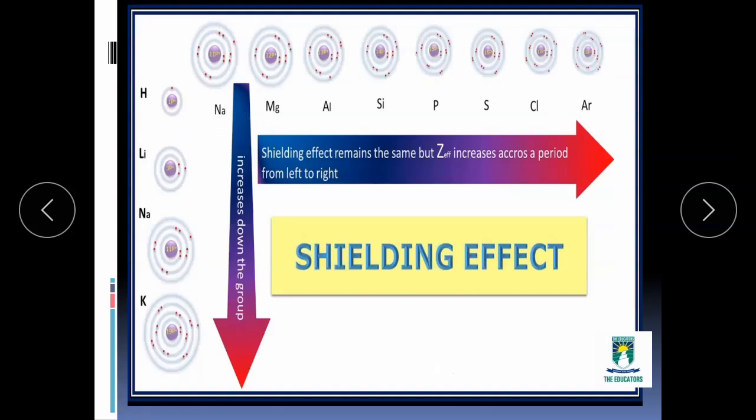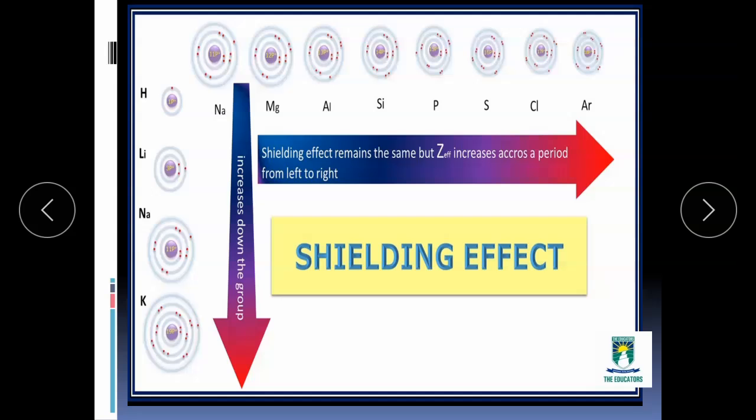The shielding effect usually remains constant when we move from left to right in a period, whereas when we move from top to bottom, the shielding effect will increase. Why will it remain the same when we move from left to right in a period? Because the electrons are added in the same shell.